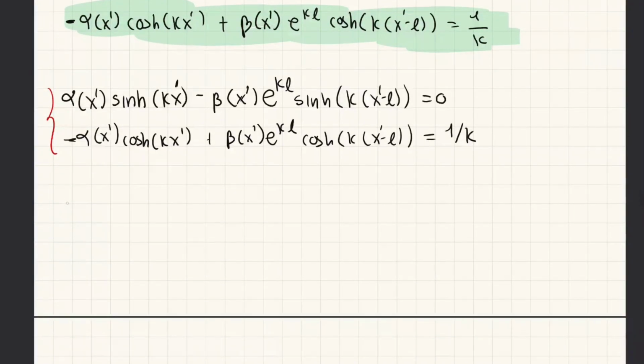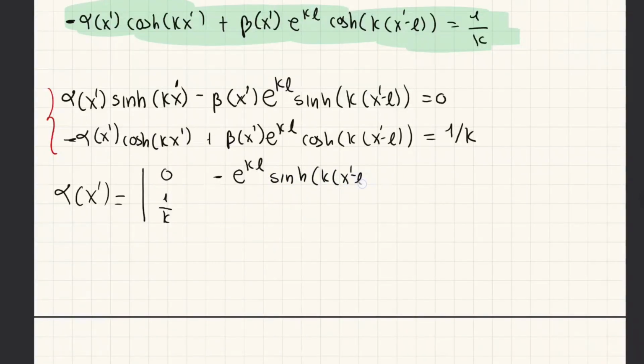So we are going to make use of the Cramer rule to see that alpha of x prime is equal to, well, it will be the determinant of 0, 1 over k here, and then minus e to the kl, the hyperbolic sine of k times x prime minus l. And here it will be e to the kl, the cosine of k times x prime minus l.